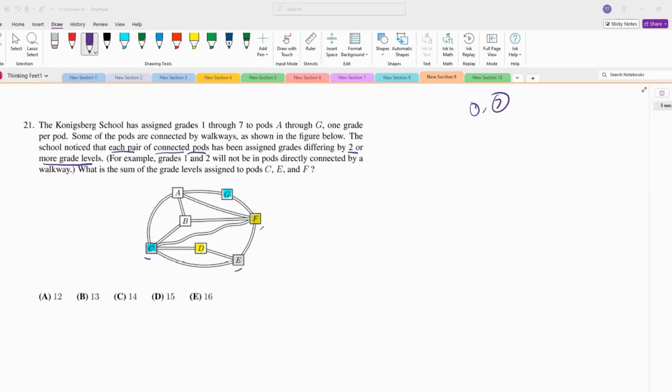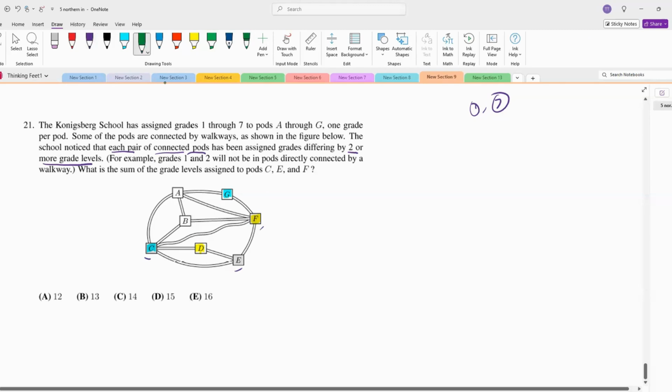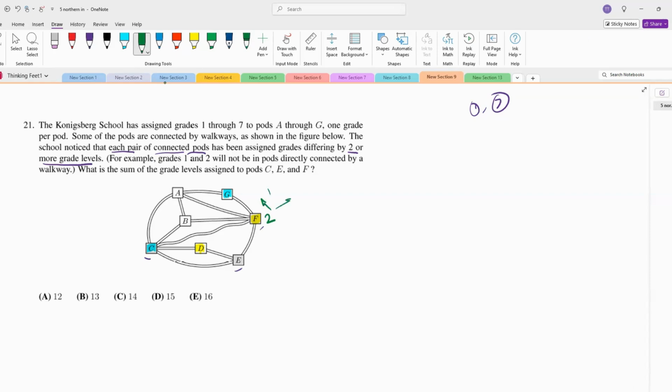So maybe to illustrate that point, let's digress for a minute. Let's assume for a minute that, okay, F could be 2, right? Now imagine F is connected to every other pod except for one of them, which is D, which means 2 is next to 1 and next to 3.